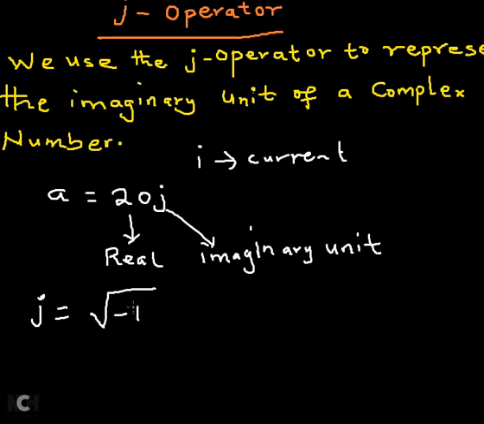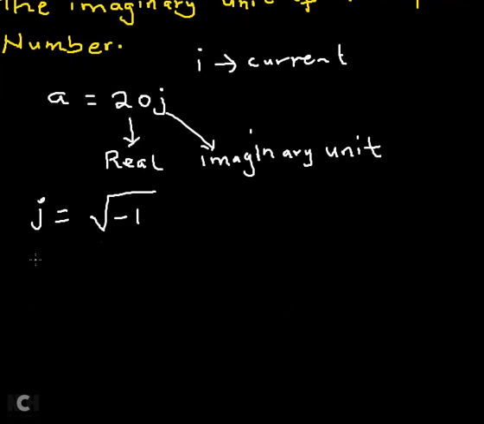You can go through that tutorial one more time, then you understand complex numbers. J is equal to the square root of -1. So if I evaluate J square, it gives me -1.